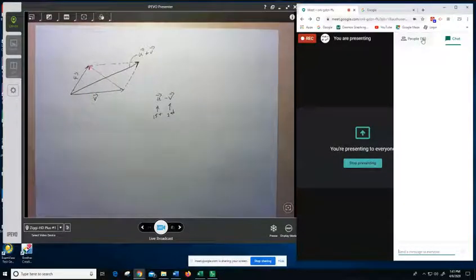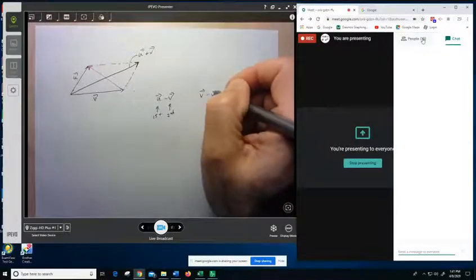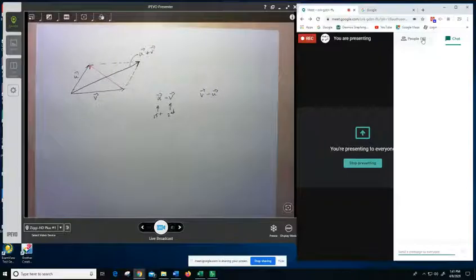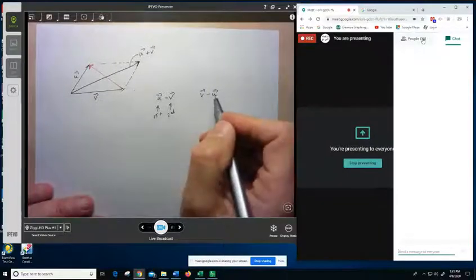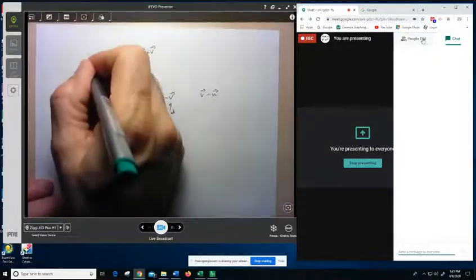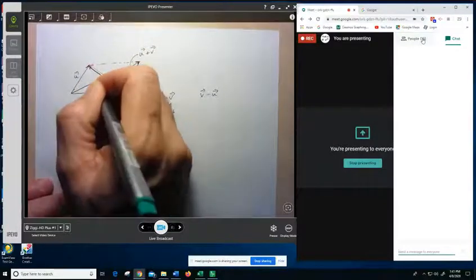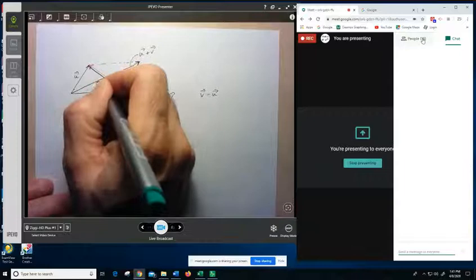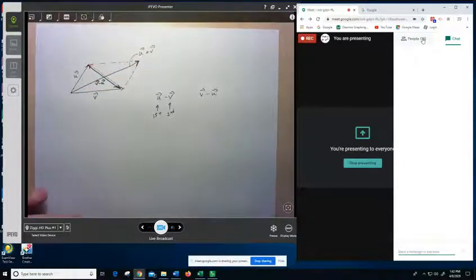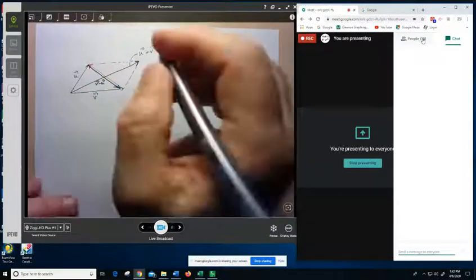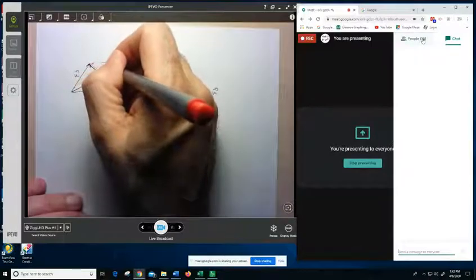If I want to do v minus u, it would be a very similar looking vector, except now the second vector is u, so it goes from the tip of u to the tip of v. So this is v minus u, and the red one is u minus v.